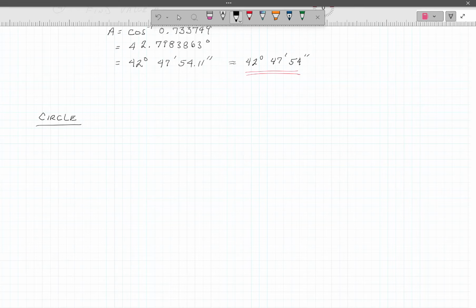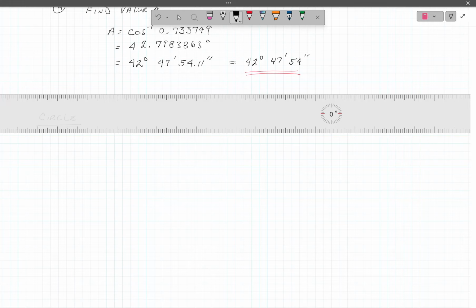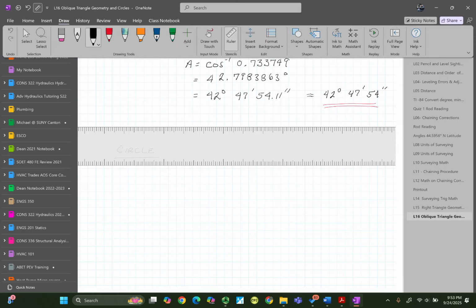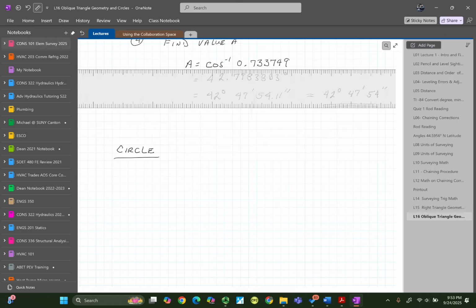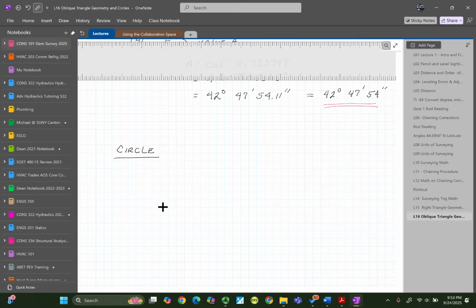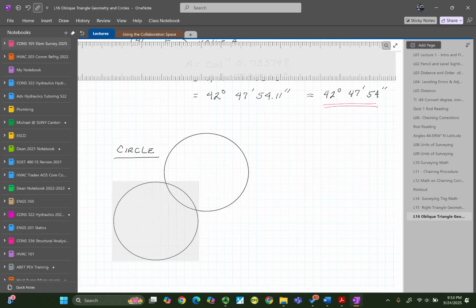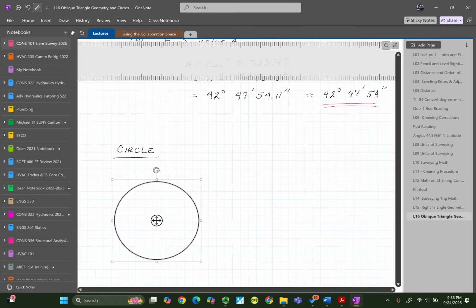I like the old system of doing this. View, draw, shapes, and I want a circle about here, like so.